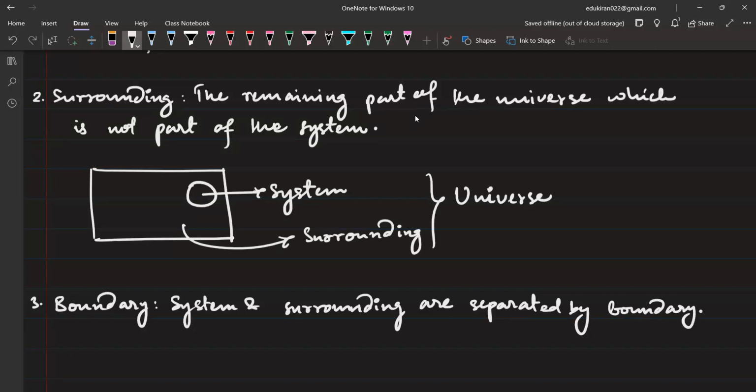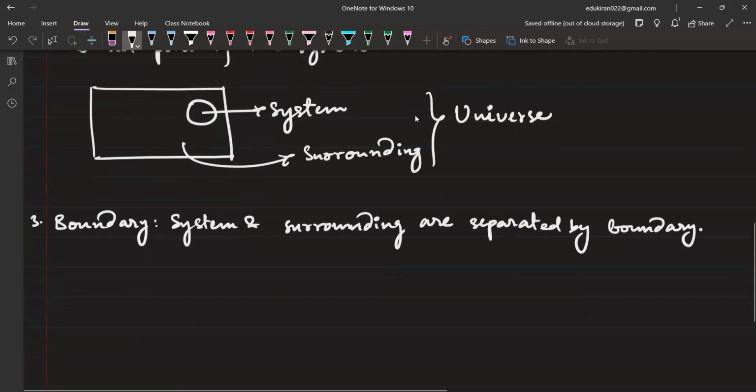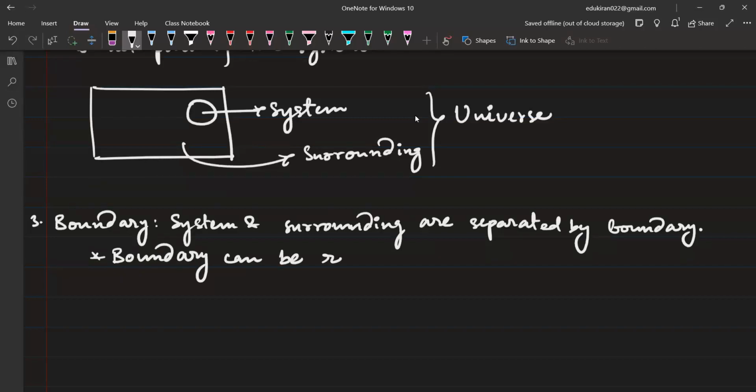So boundary has been identified as the function. Now one point regarding boundary is that boundary can be real or it can be imaginary also.